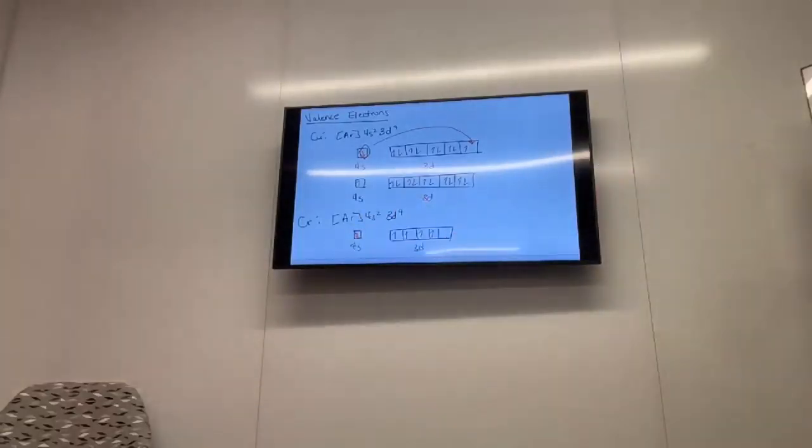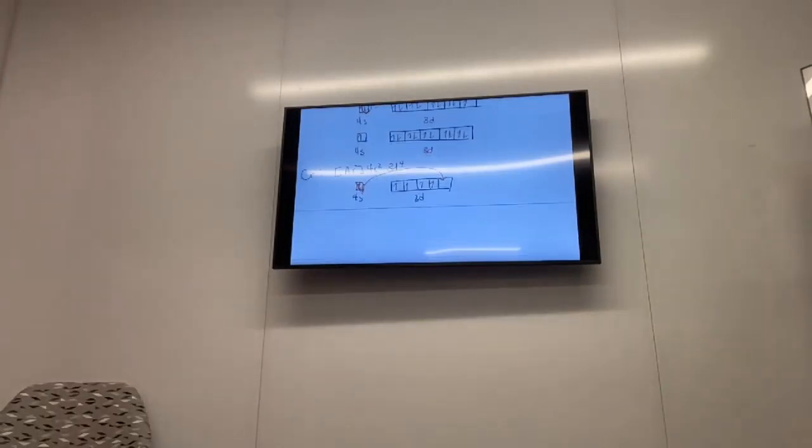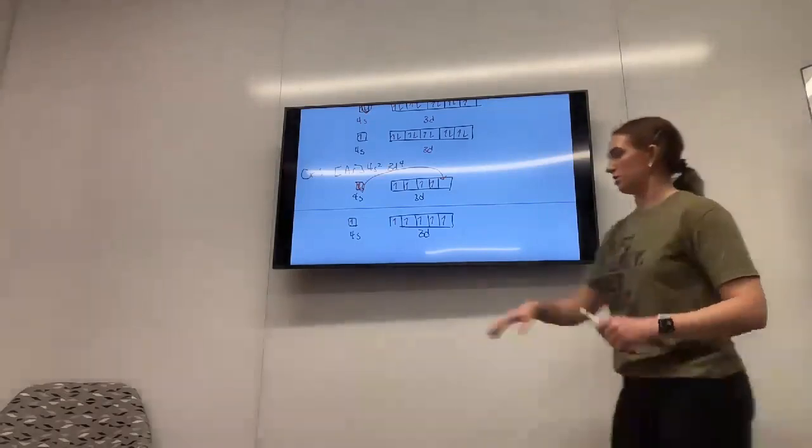Again, the down-spin arrow hops up to here. And so then it looks like we have 5 unpaired electrons in the 3D and 1 unpaired electron in the 4S.